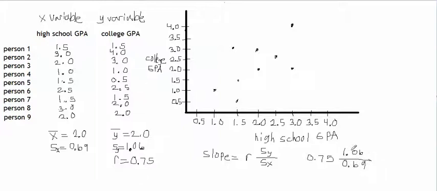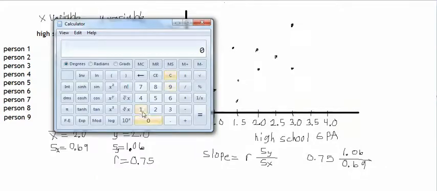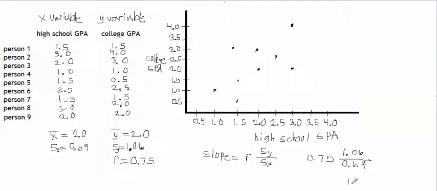Let's start by dividing 1.06 by 0.69. We get about 1.54. Let's keep it to 2 decimal places. We don't want to round too much while we're still going through the steps of the calculations.